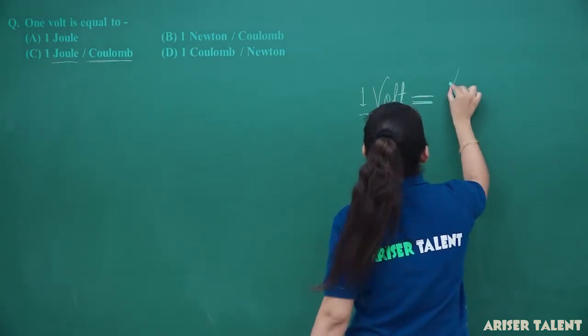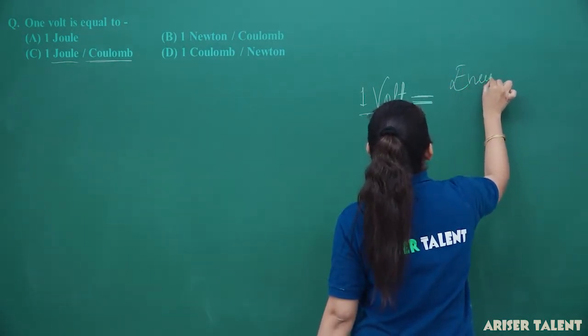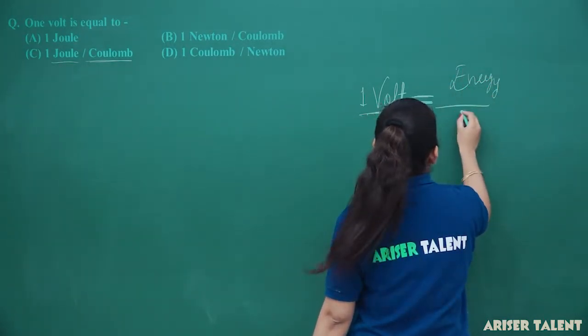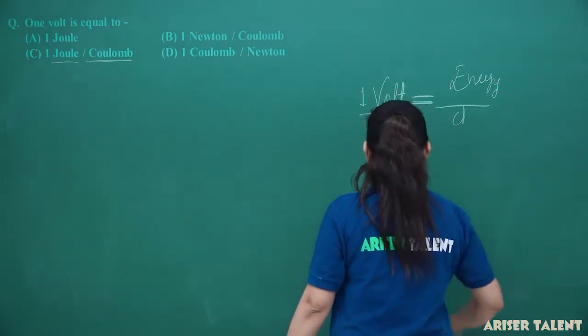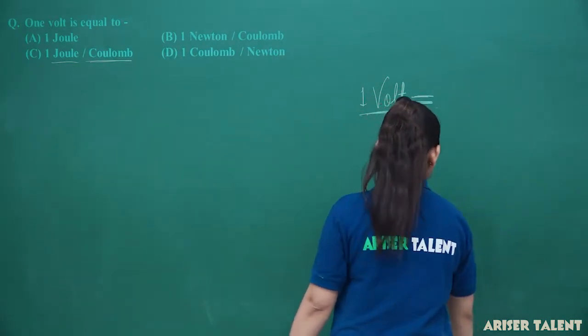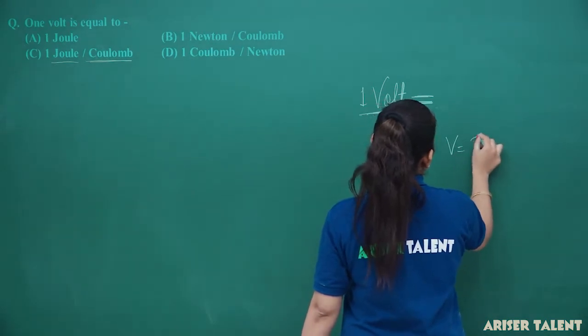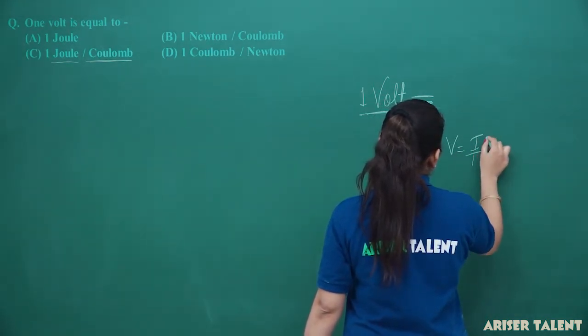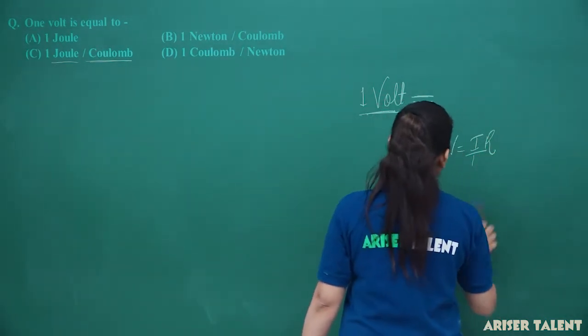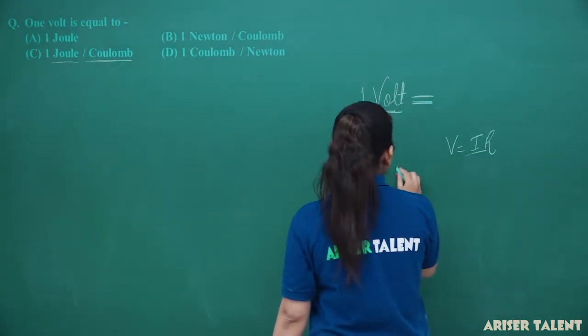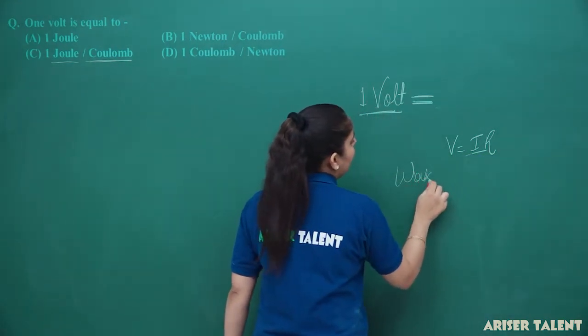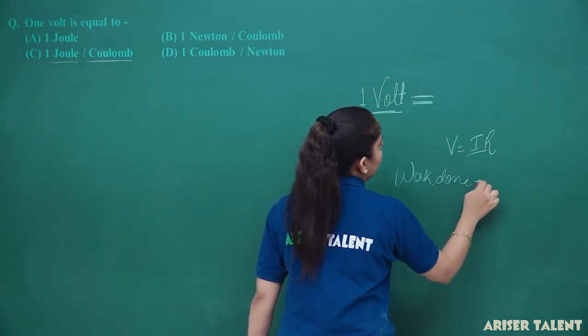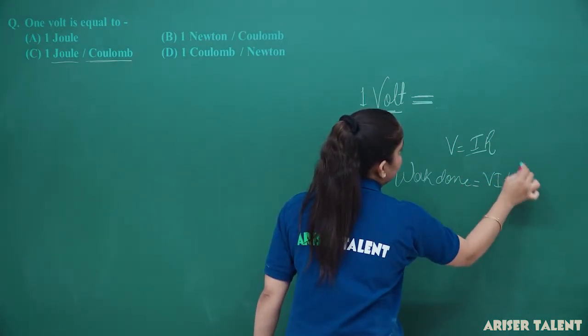1 volt will be equal to V equal to IR, and if I am talking about work done, it will be VIT.